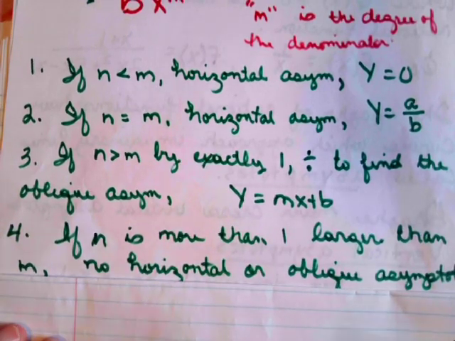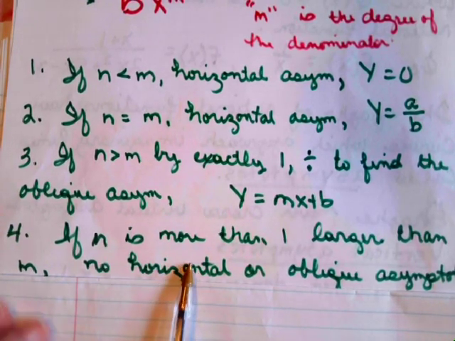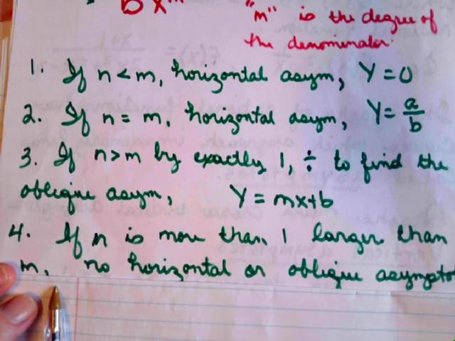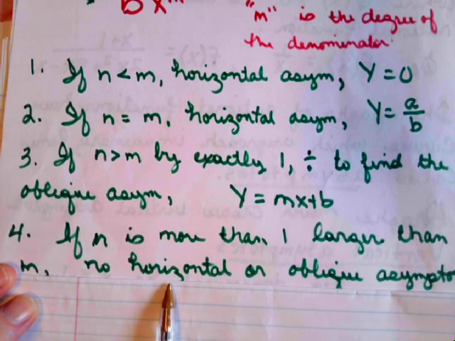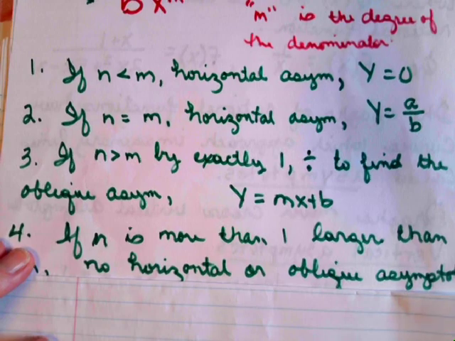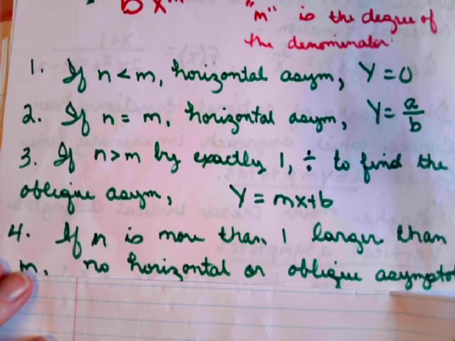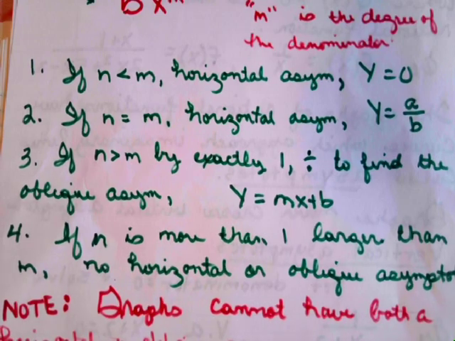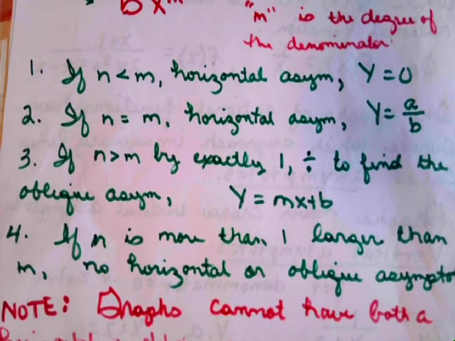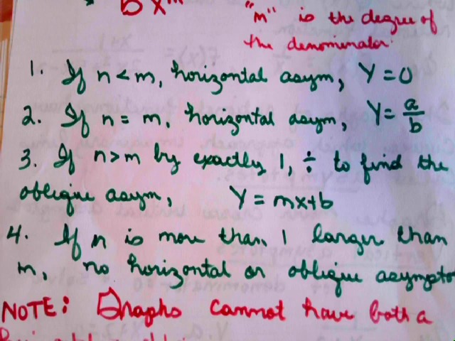Number 4. If N is more than 1 larger than M, there will be no horizontal or oblique asymptote. Note, graphs cannot have both a horizontal and oblique asymptote. If they have a horizontal, they won't have an oblique, but they can't have both.